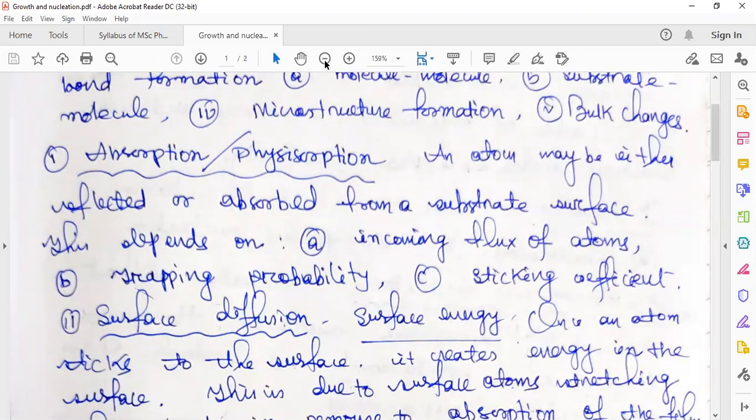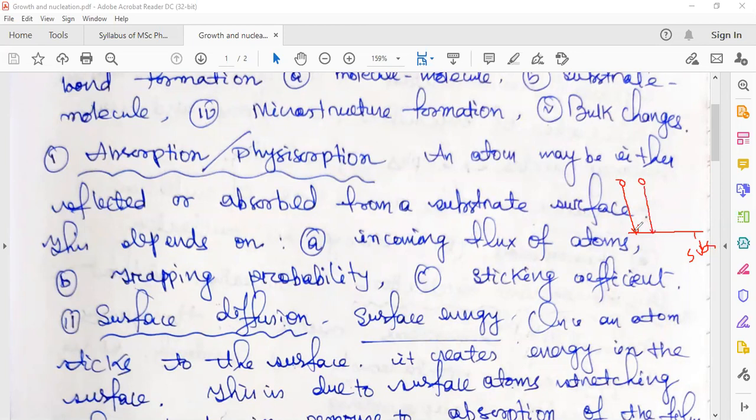If I can draw somewhere here, suppose this is the substrate. So an atom from the target. When we learned about various thin film deposition methods, we learned that atoms from the targets fall on the substrate.